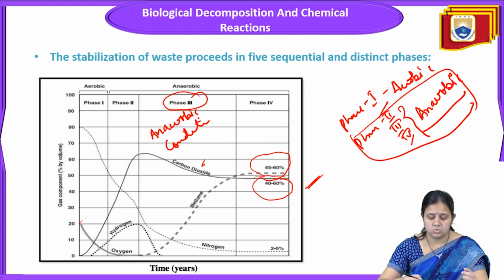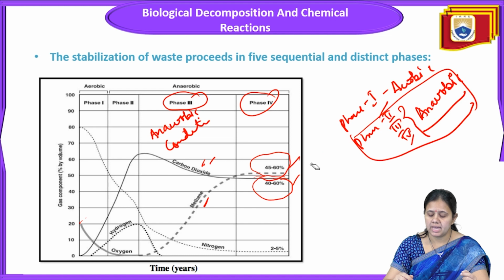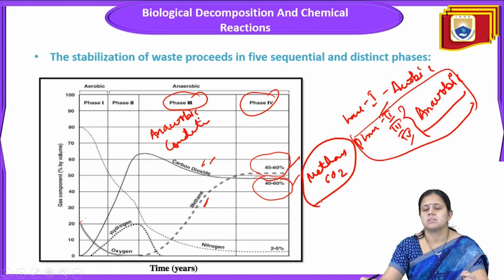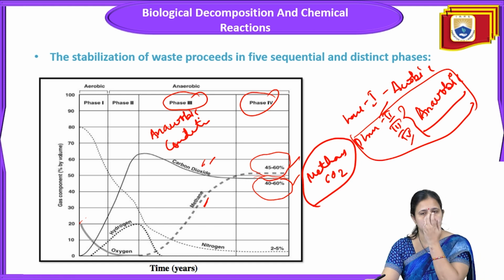You can see that CO2 and methane will be there, and nitrogen is also reduced. In phase 4, only 2 gases are predominant, that is methane and carbon dioxide. So methane production and carbon dioxide production are there.